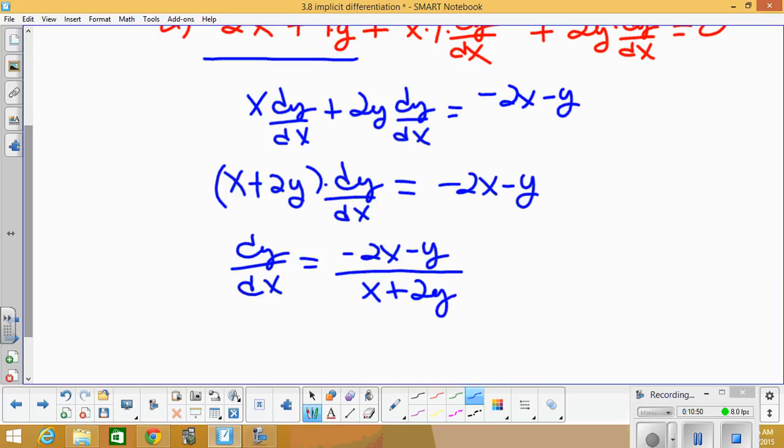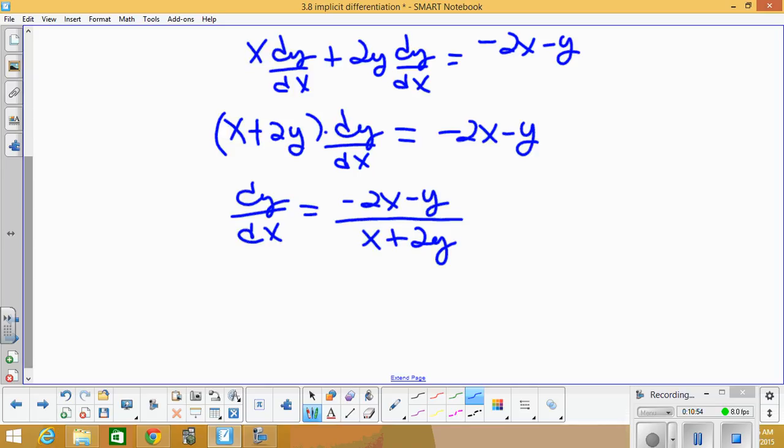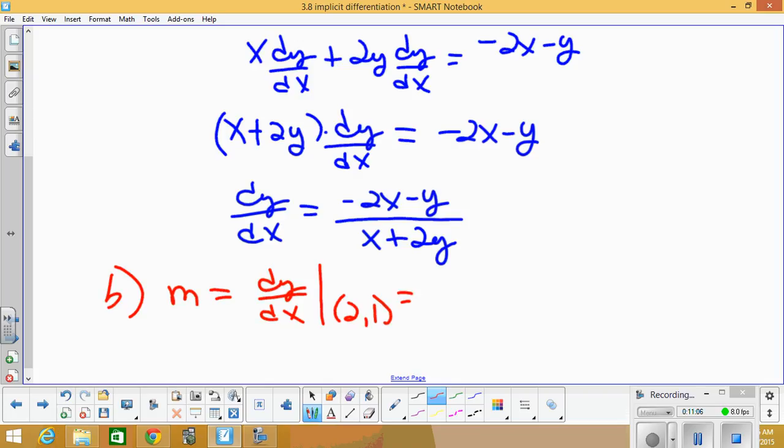All right, from here, we want to go ahead and find the equation of the tangent line. So for part B, my slope is when I evaluate this derivative using the point (2, 1), oops, sorry.